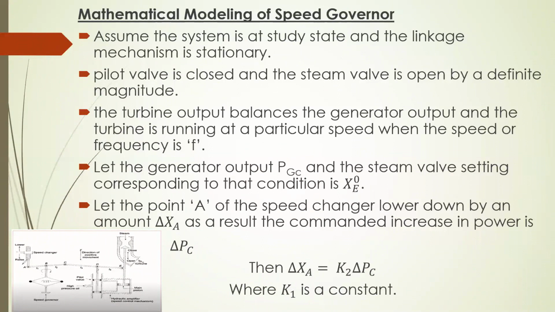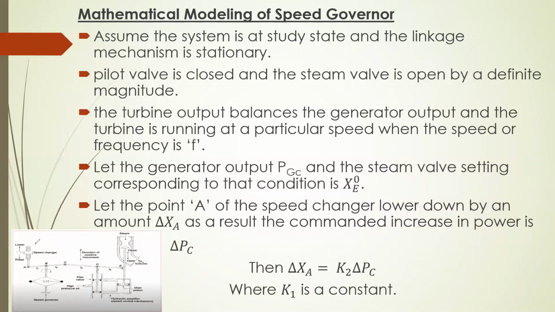If point A is not changing, the corresponding B, C, D, E values will not change. So as E is changing position, this position change mainly depends on the position A. This position A is nothing but the speed changer position. If A changes, then only E changes. So everything is mainly depending on the speed changer position.